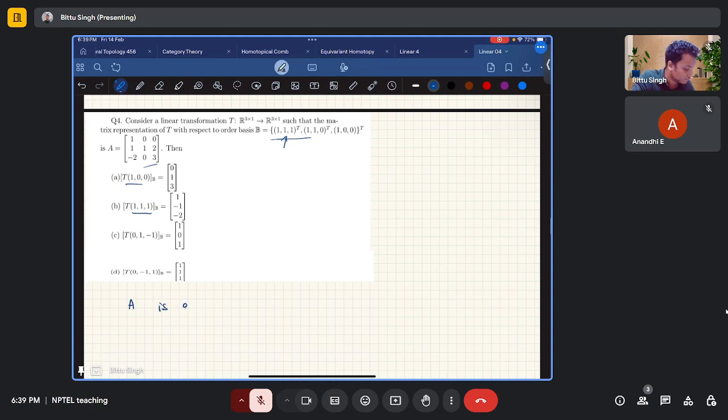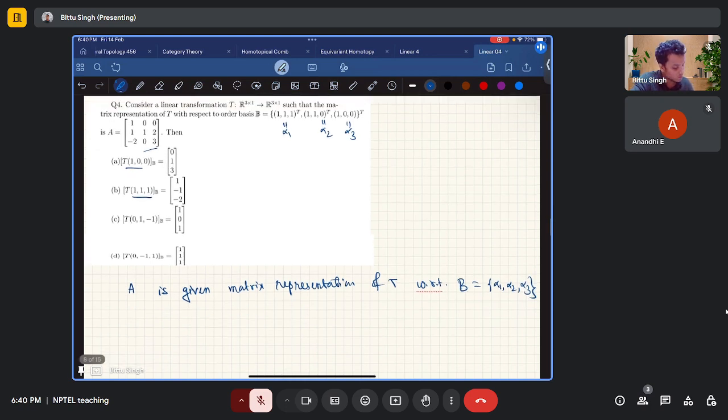Because we can see that A is given matrix representation of T with respect to B, and let me denote B to be as alpha 1, alpha 2, alpha 3. So B is generated by those, that is ordered basis is alpha 1, alpha 2, alpha 3.